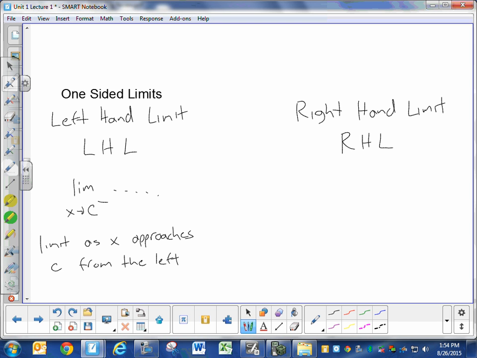So what we will be doing is focusing on input values just to the left of my actual c value that I'm focusing on. So I'll be looking at values that are a little bit less than the actual c.